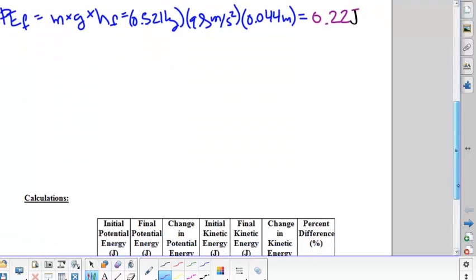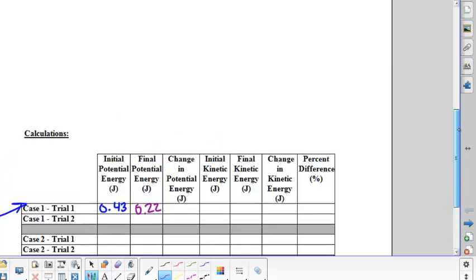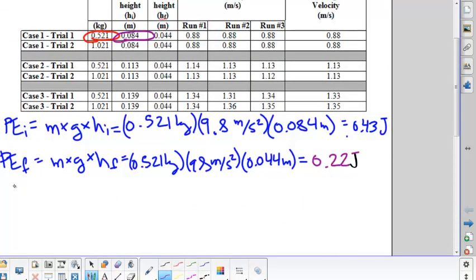I scroll on down here, and I get potential energy final. Notice I'm still in case 1, trial 1. I haven't changed anything. The next column is change in potential energy. We all know change, or delta, equals PEF minus PEI.